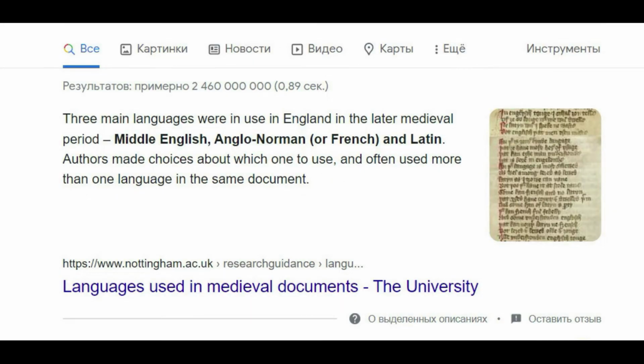As I have told you in my lecture, there were three main languages in the medieval period: Middle English, Anglo-Norman or French, and Latin.